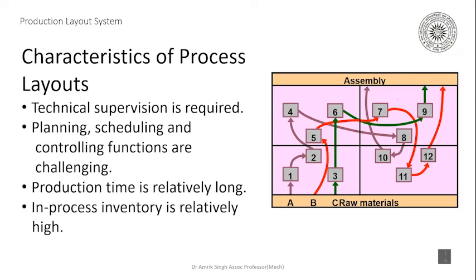You see here the raw materials, three raw materials A, B, C, given with different colors. They follow different routes. Raw material A goes from 1 to 2, then 2 to 4, the machine number 4, then 4 to 8, then 8 to 10, and finally it is assembled. Similarly, product B goes to 5, then 7, then 11, then 12, and it goes on.